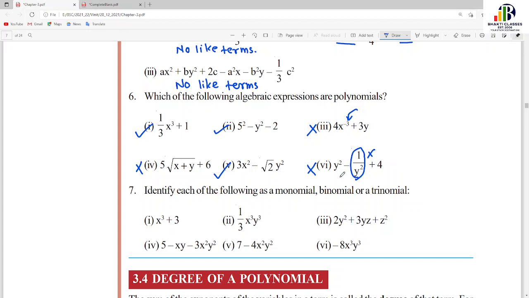And the last question for today. Identify each of the following as a monomial, binomial or trinomial.